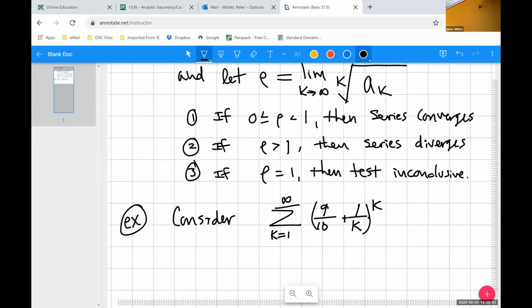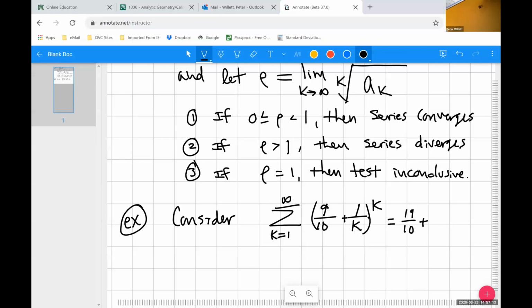So what does this look like? Well, when k is 1, we have 9/10 plus 1, because 1 over 1 is 1. So that would be 19/10 raised to the power of 1, which is 19/10.